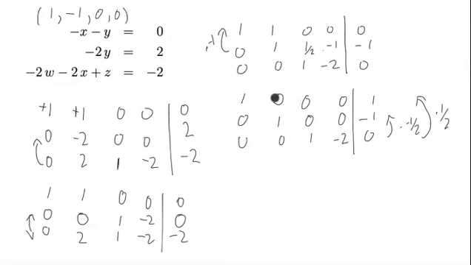Now we're going to do column operations to get this into Smith normal form. We're just going to do one airdrop going this way.